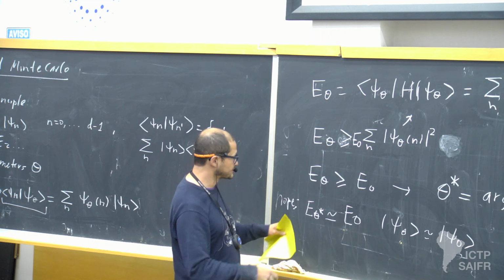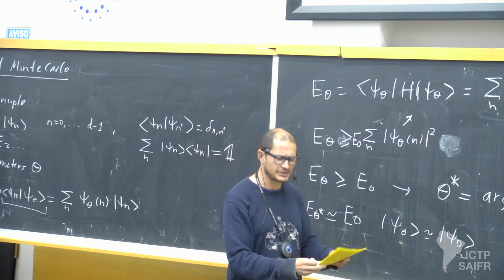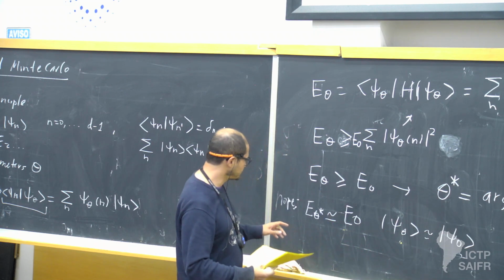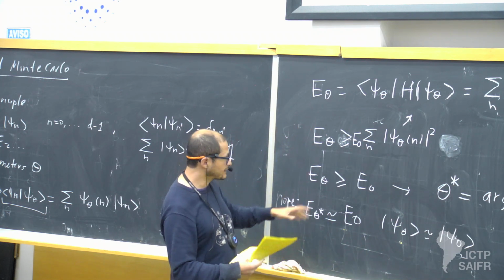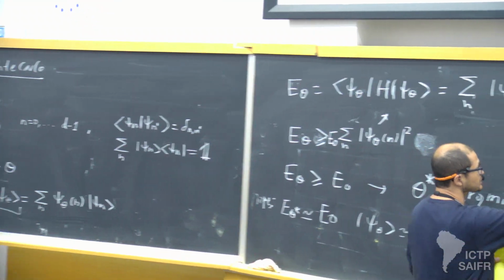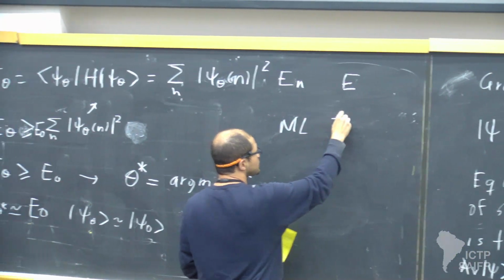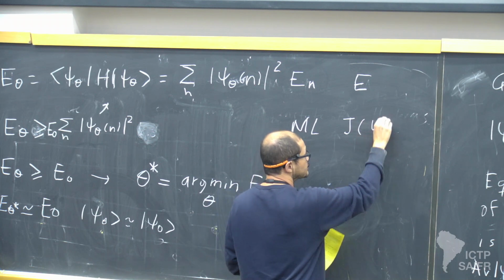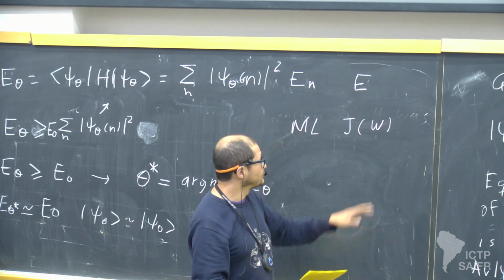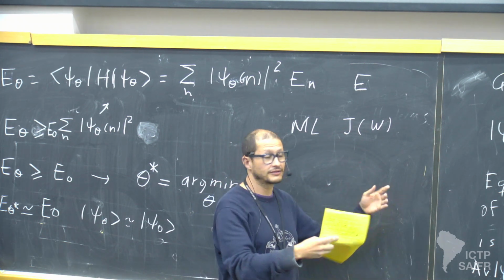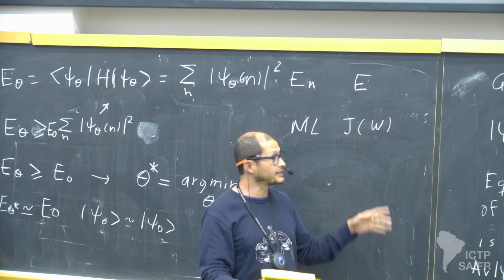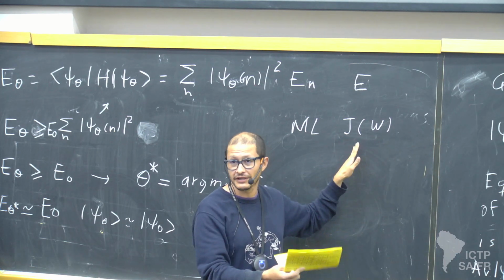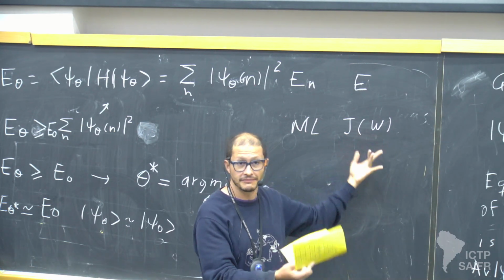Notice that there's a similarity between machine learning and the things that I was telling you about in the past few days. In machine learning we had this objective function J that depended on our parameters W, and if we wanted the machine learning model to behave the way we wanted, we had to minimize this objective or cost function with respect to the parameters, right?